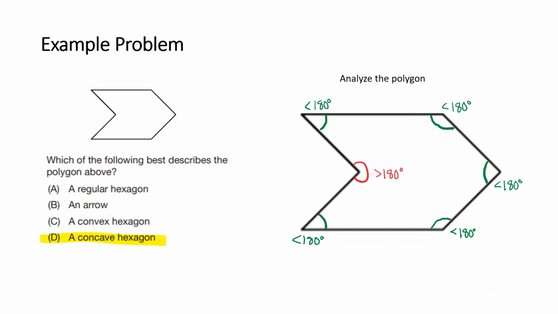So for this example problem, we're given this arrow shape, and it says, which of the following best describes the polygon? So let's analyze our polygon. We know we have a hexagon. It has 6 sides, but this is not a regular hexagon because all the angles are not equal. An arrow, well, we can be more specific than that.